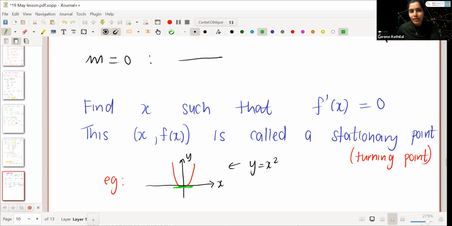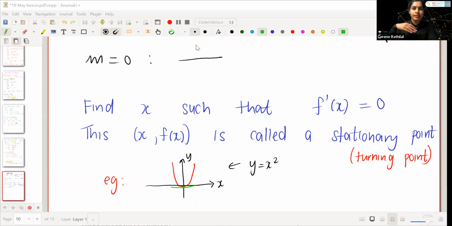Wouldn't you say that? If I drew a tangent line to the turning point here, let me do that again. That line is horizontal. Okay, it is flat. And so we see that the gradient of the tangent line at the turning point is 0. Do we all see that? Okay.